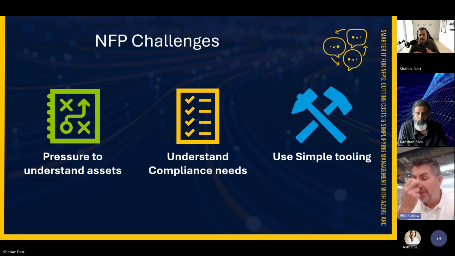I think, Kanthan, there's another piece in association with that, which we talk about in the commercial space but is not really applicable in non-profits, and that's the ability to change and pivot. In a commercial space, if you see something that is challenging, it is quite straightforward to pivot, change direction and do something different, whether that's bringing new revenue streams to market, a new partnership, or delivering new products out to the market.